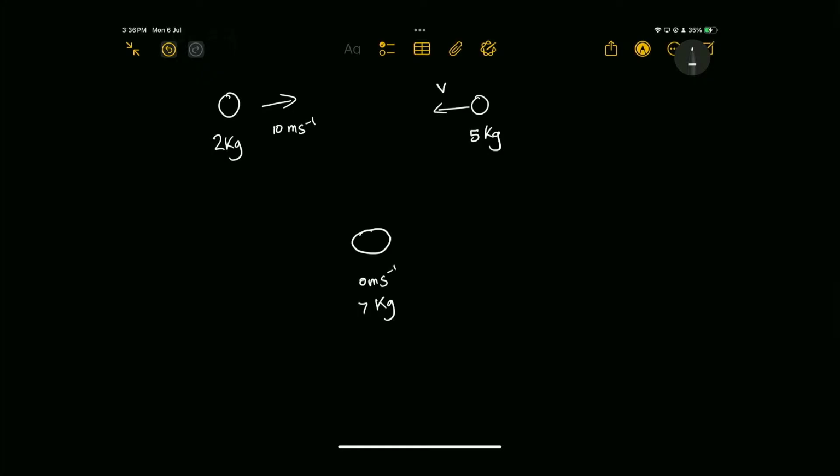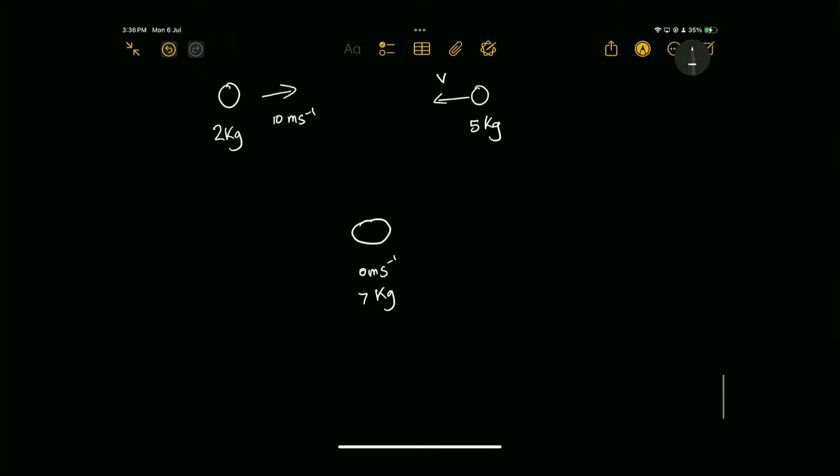So the momentum before the collision is equal to the momentum after the collision by the law of conservation of momentum.